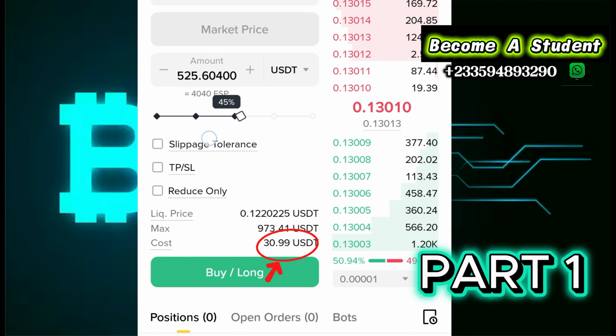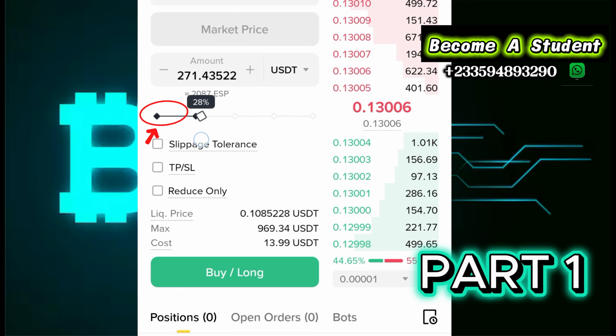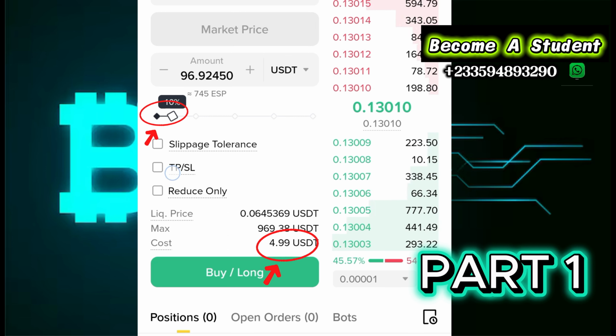That is how much I want to put on this trade if I want to enter it. So if I want to trade with $5, I'll be scrolling this thing backward until the cost gets to $5. You see, it's at 5 point something, so it will keep changing. Now that's it. That is how you set your price.